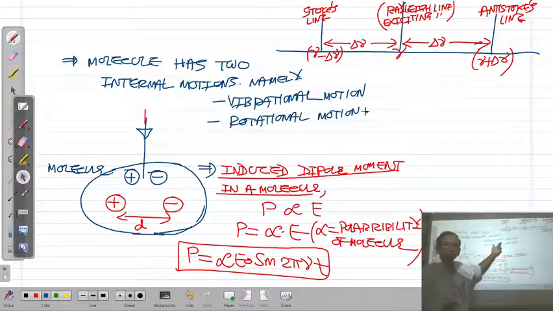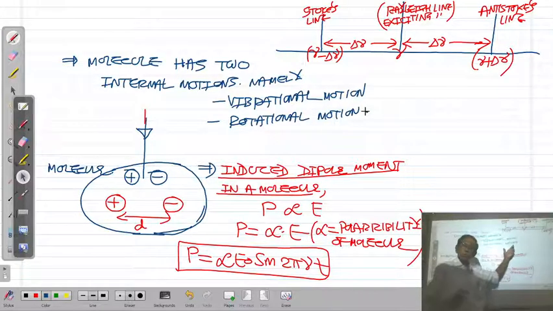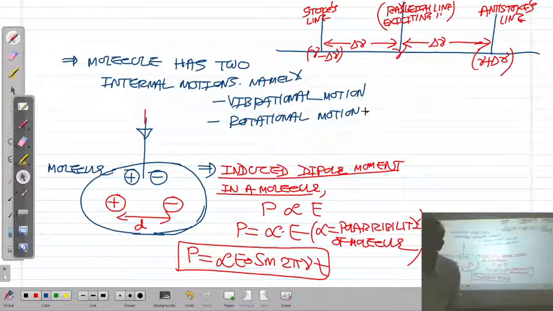Due to vibrational motion, the polarization of the molecule is going to change. Due to rotational motion, the polarization is also going to change.